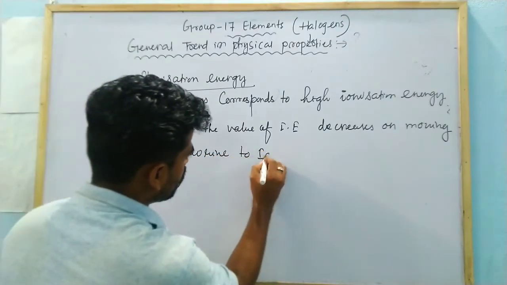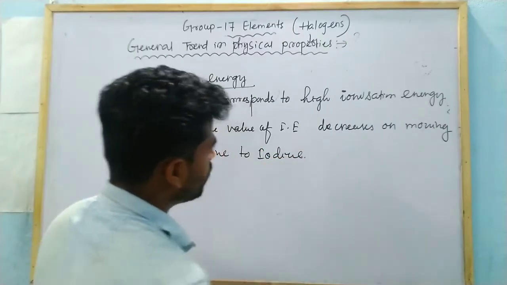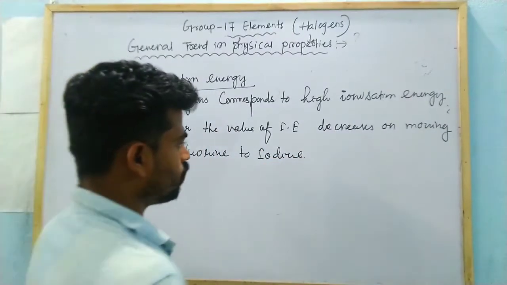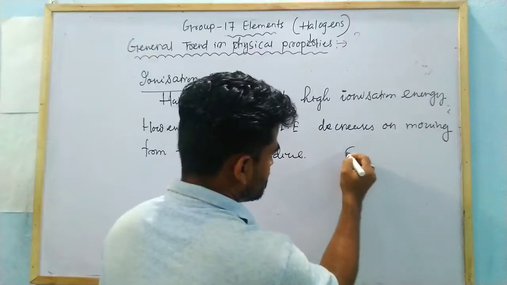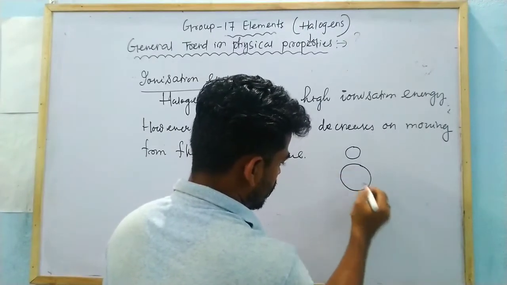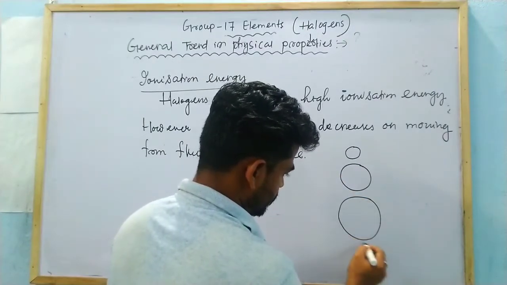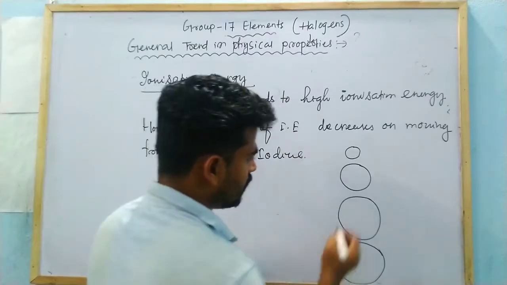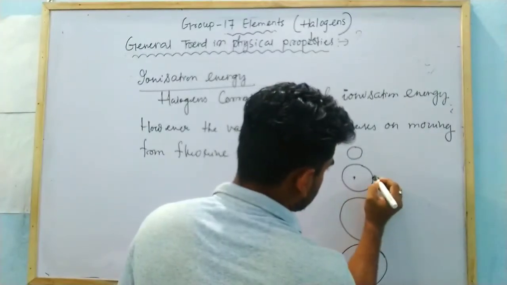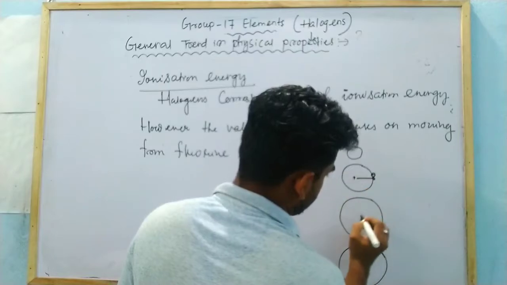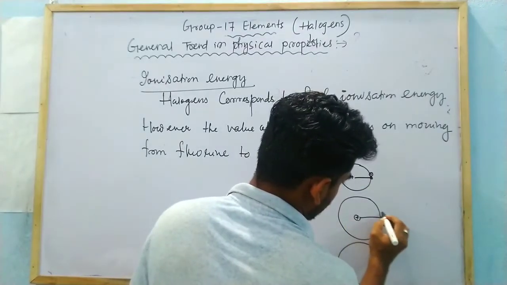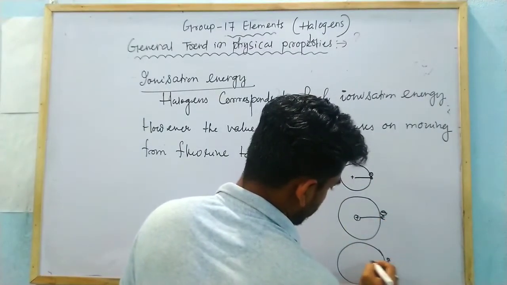Why? You know, from top to bottom, atomic size goes on increasing. As a result, the distance of the valence electron from the nucleus also goes on increasing.